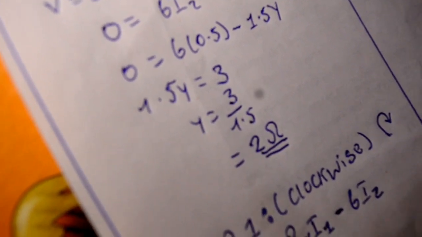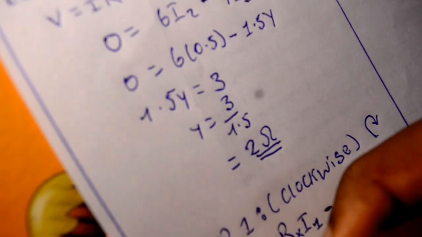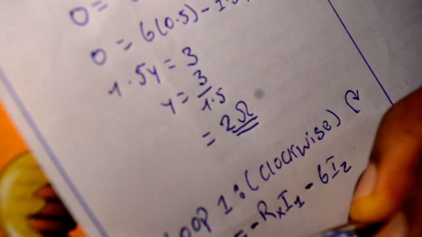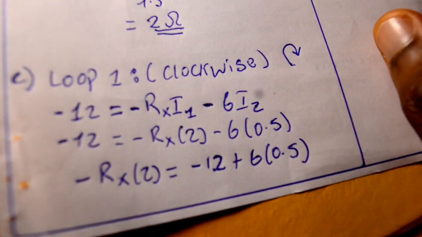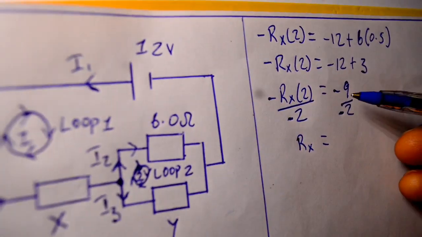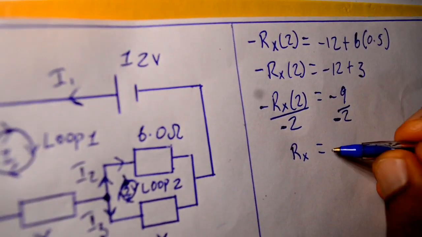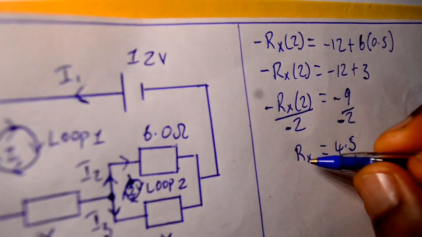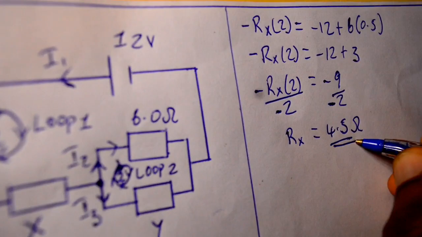So now you're looking for Rx. This is known, so I just substitute, and then Rx will be equal to, this negative cancels negative, and you're left with 4.5. Resistance is measured in ohms. So that's the final answer.